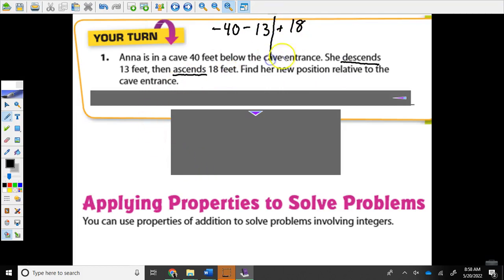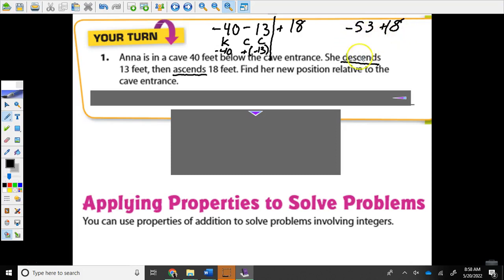So like I said before, forget the plus 18, that's fine. We've got to KCC these. So we're going to get -40 plus, this is a positive 13, so it's going to be a -13. Adding these two together, we get 53. So we'll have -53 plus 18 because the 18 is still part of that.